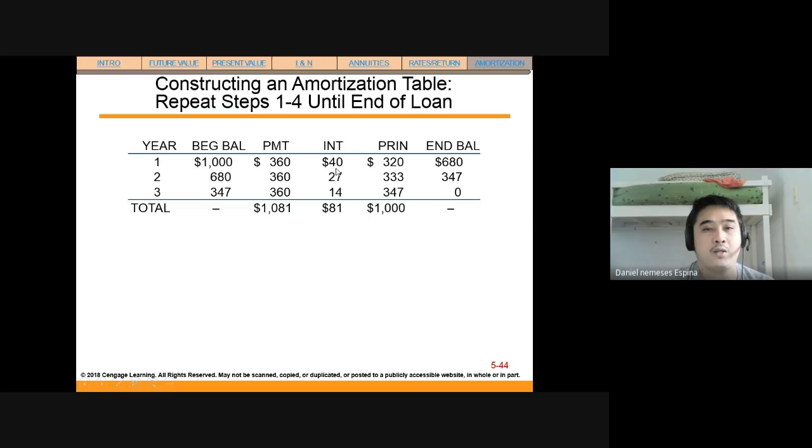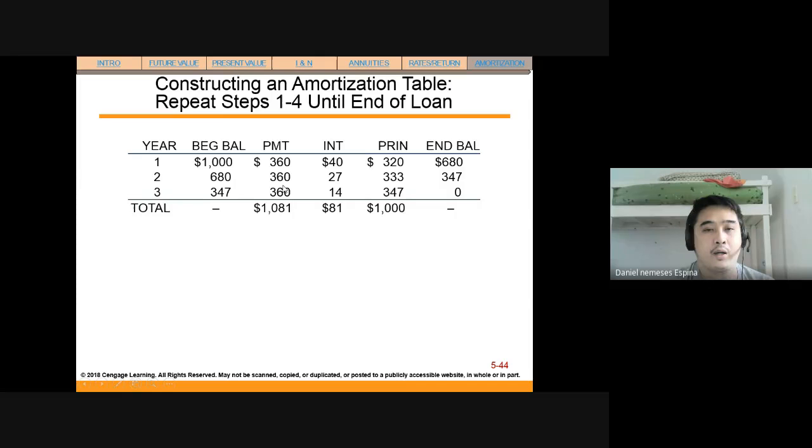So interest expense is 4% times 1,000, so 40. So what is attributable to principal or i-deduct mo sa principal is only 320. Okay, 360 minus 40 is 320. Getting the ending balance, 1,000 minus 320. So next year, 680 na lang imong beginning balance.